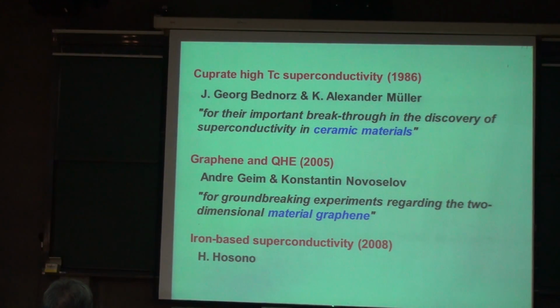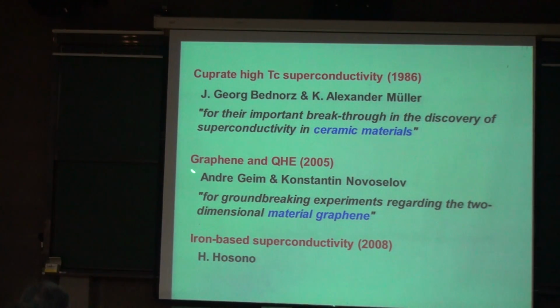Even the understanding is massive. I shouldn't say, but maybe even poorer than before the discovery. Particularly after the discovery of iron-based superconductivity, I think the mechanism becomes more and more difficult to understand. But with this discovery, the field became very hot because of the materials, not the physics.